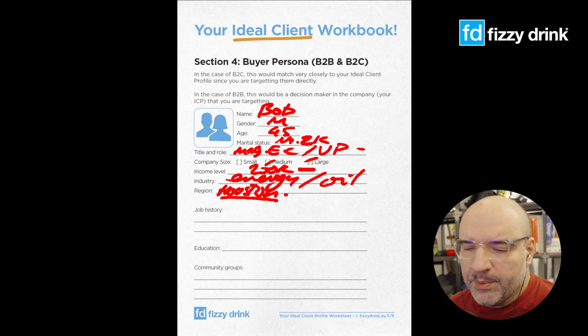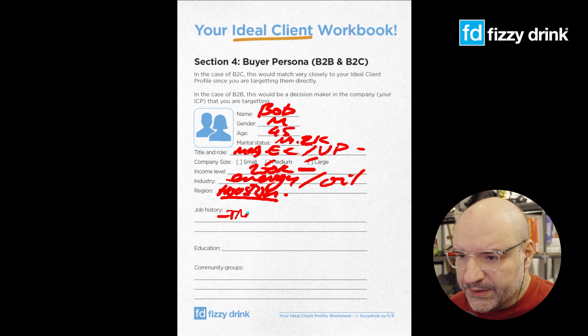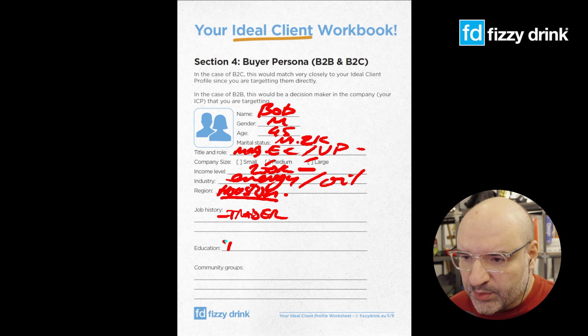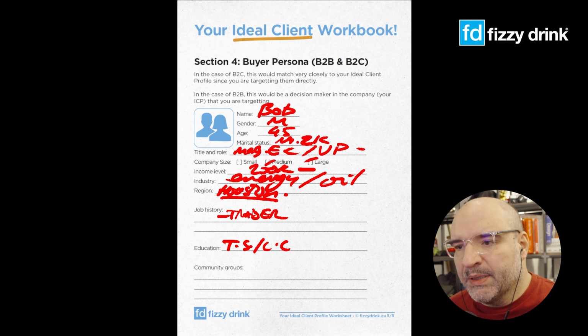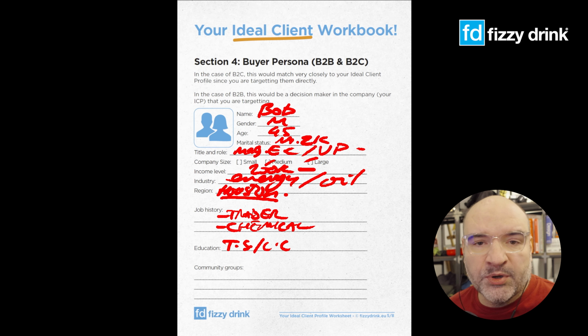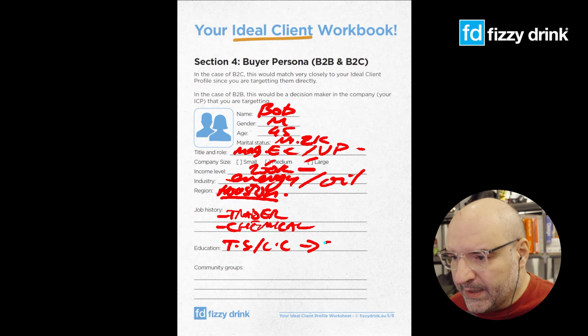So looking at Bob's job history, maybe he started in the trades. Maybe this is a drilling outfit and not a refiner. So maybe his education would have been either trade school or community college. Or perhaps not. Maybe Bob started right away at one of the large refiners. So maybe he started in the chemical division, for which perhaps he would have had a college degree or a postgraduate degree.